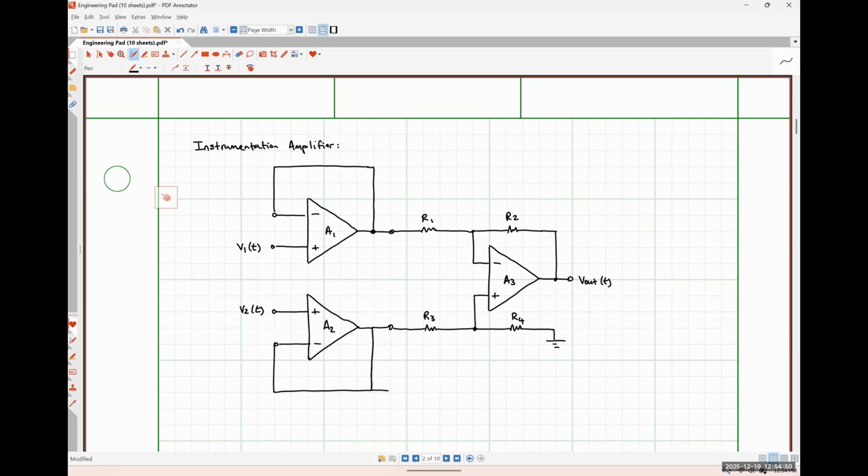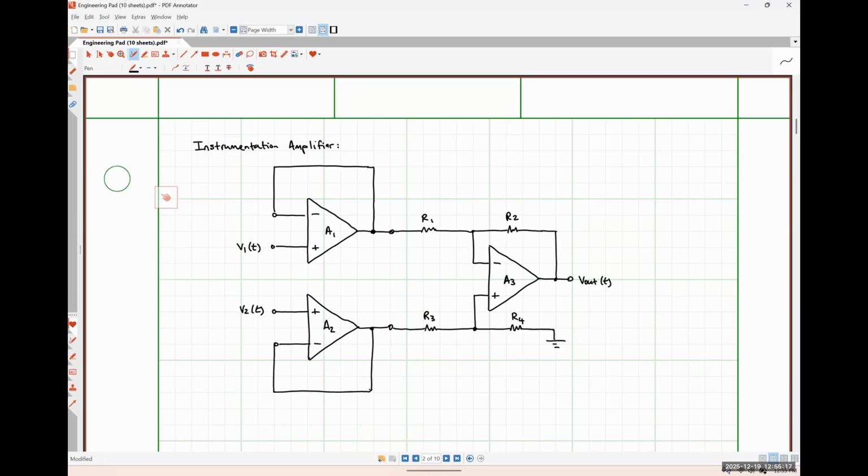Why is it called that? Mainly because of where it's used. This is used in a lot of instrumentation and control systems to take output signals from sensors and perform some mathematical operation on them.